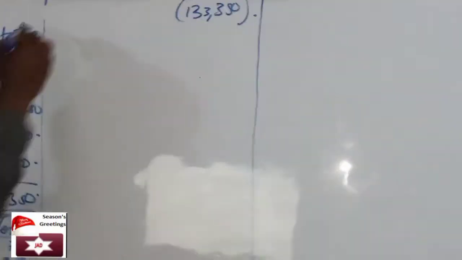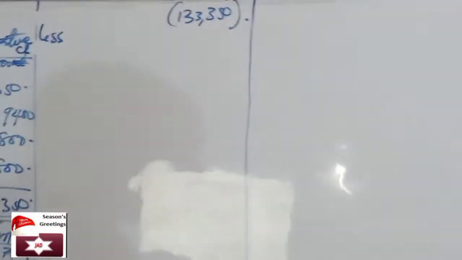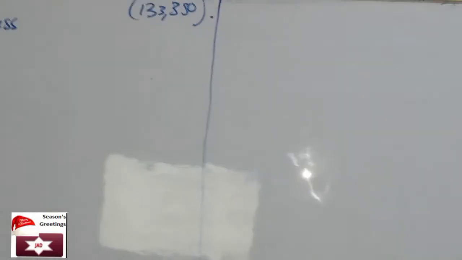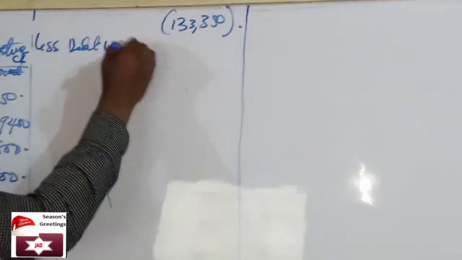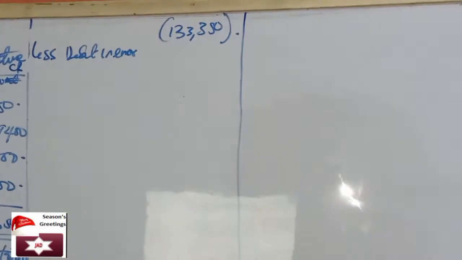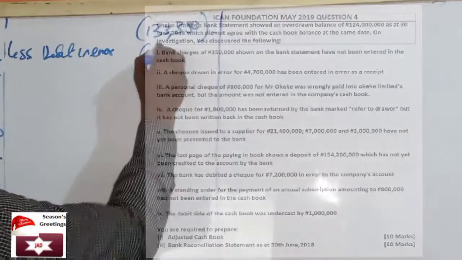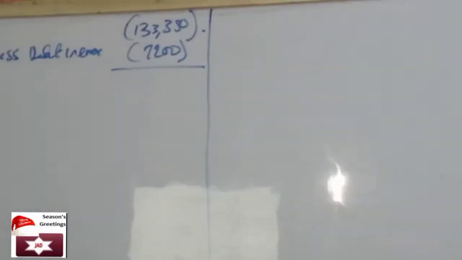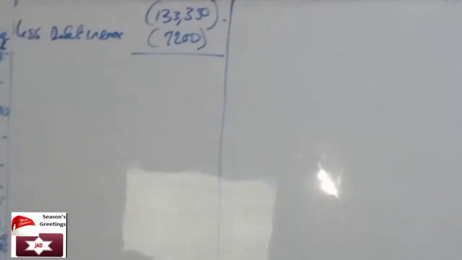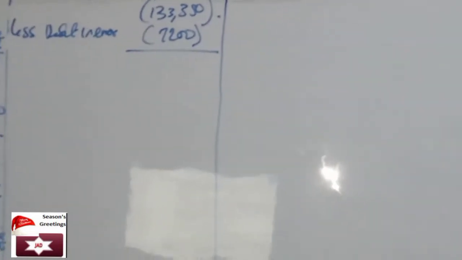So we're lessing 7,200,000, which is debit in error. Less debit in error. So what do you have there? That's 7,200, so negative there, minus 7,200.